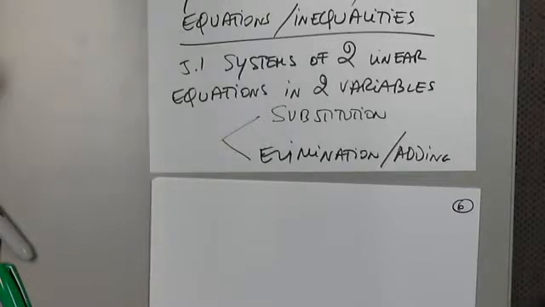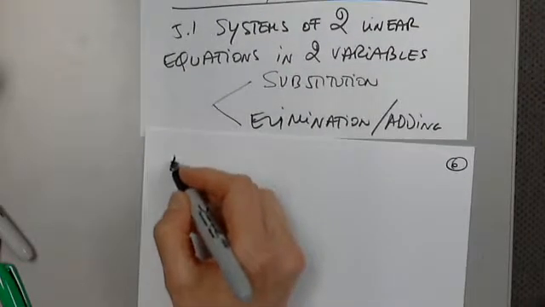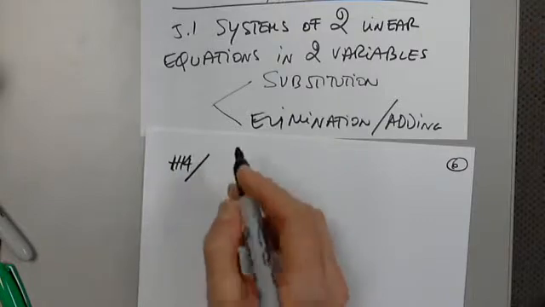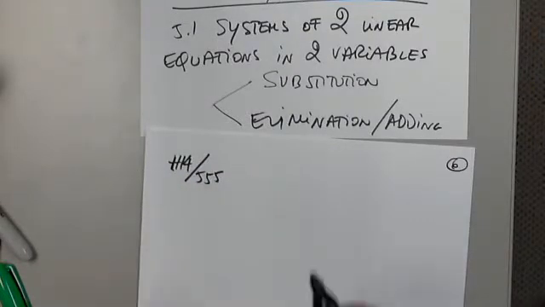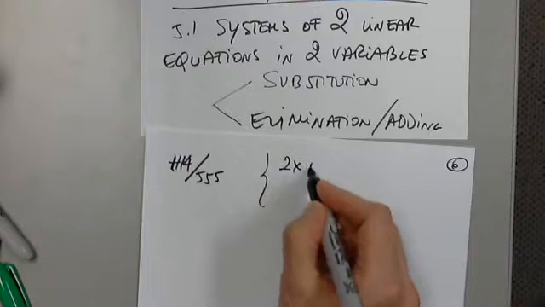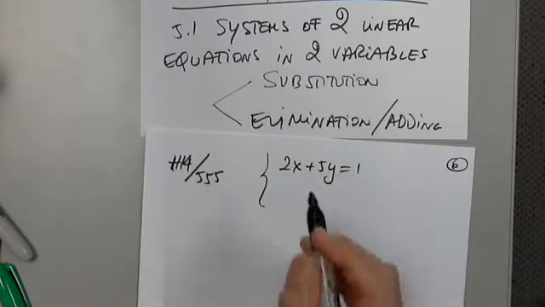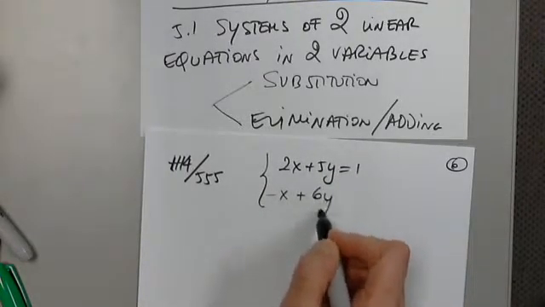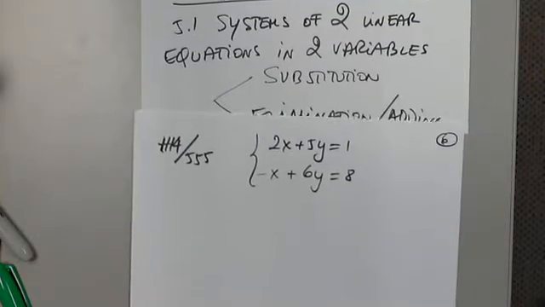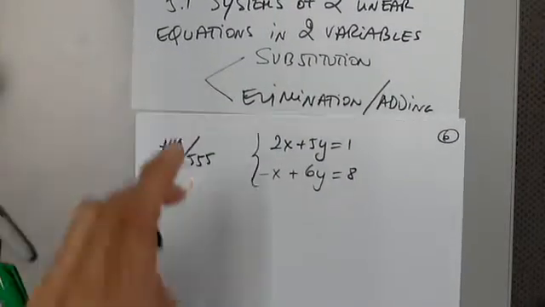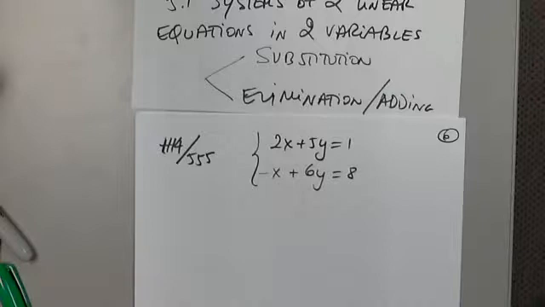Let's say problem 14 on page 555. System of 2x plus 5y equals 1 and negative x plus 6y equals 8. Is this a system of two linear equations? Yes.